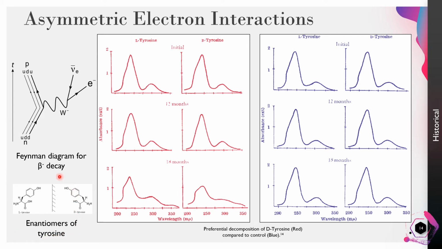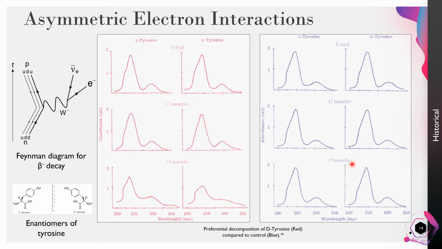As shown in this Feynman diagram, a beta minus decay is essentially the conversion of a neutron into a proton, carried out by a W boson, which results in the formation of a single electron with a specific spin. So they all have the same spin, and it was observed over several months that when exposed to this spin-polarized electron emission, one enantiomer of tyrosine decomposed asymmetrically relative to the other.